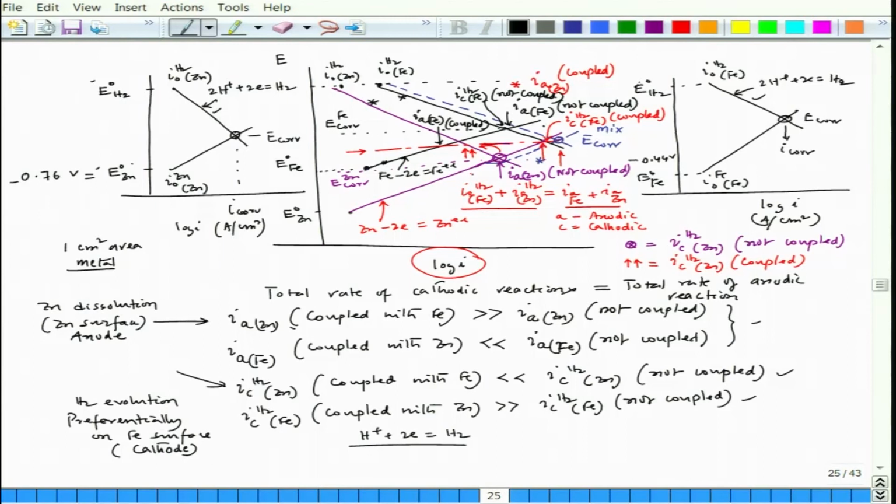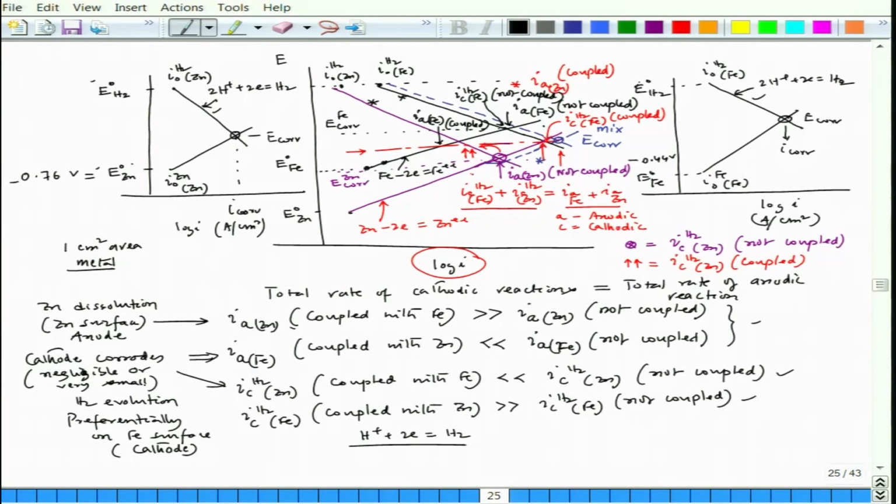An interesting part is that we could also see that hydrogen evolution on the zinc surface is less. Another important thing is, whenever we say galvanic corrosion, it does not mean that the cathode does not corrode. The cathode also corrodes, but sometimes it is negligible, or very small.